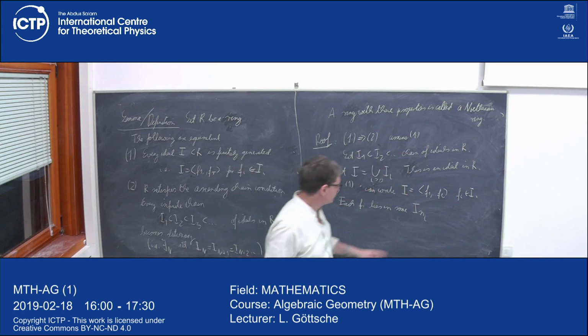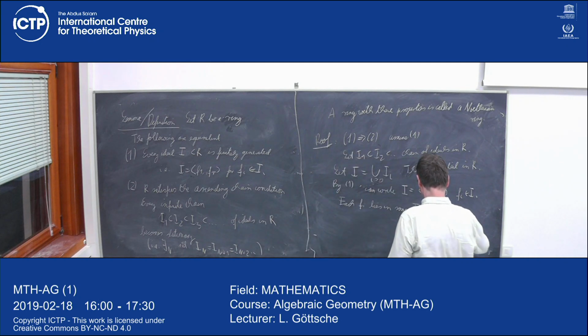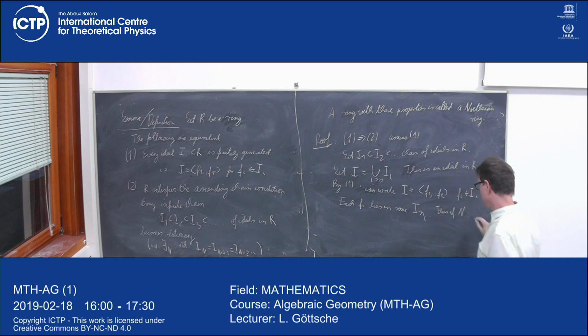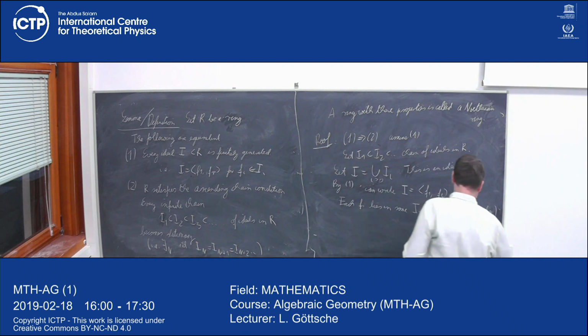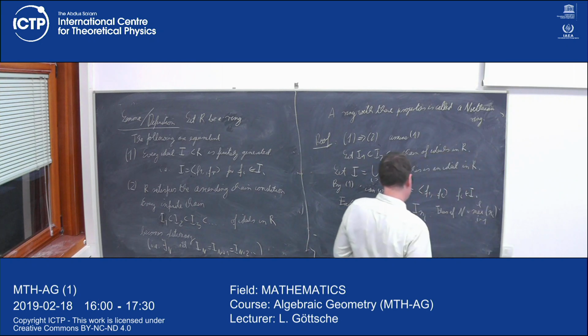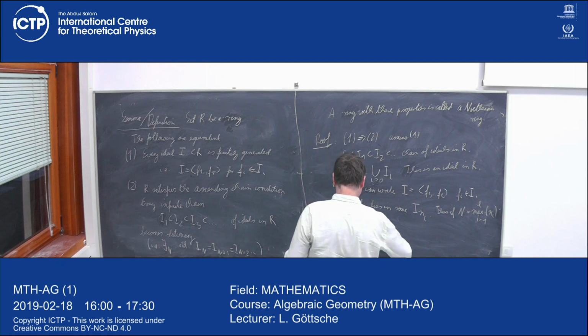And if I just take the maximum of these, so if n is equal to the maximum over all the ni, meaning over i from 1 to l, then we have that f1 to fl are all in I_n.